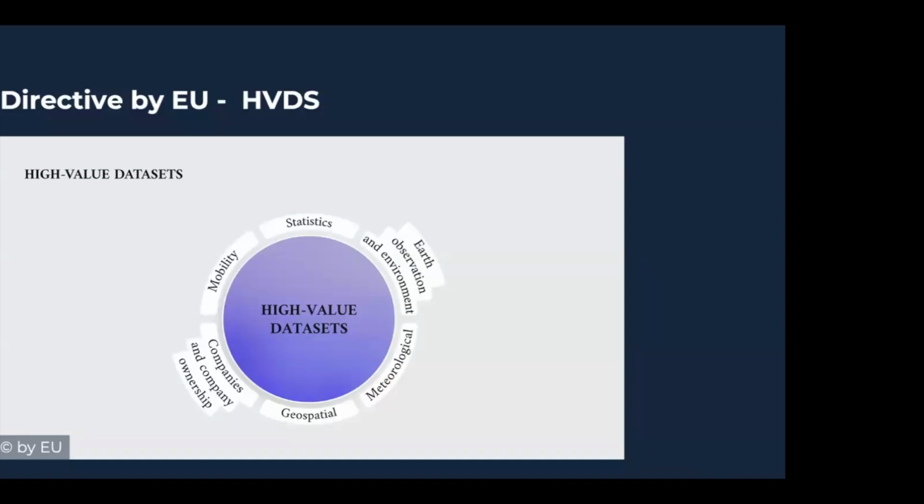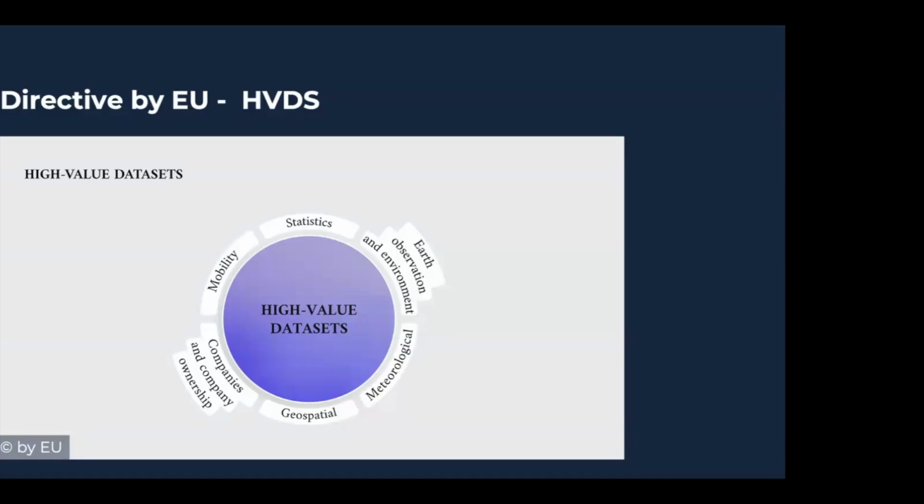What we also need in order to build this app is of course the data. And where do we have this data? We had some luck, because the European Union made this cool directive called the High Value Data Set directive.